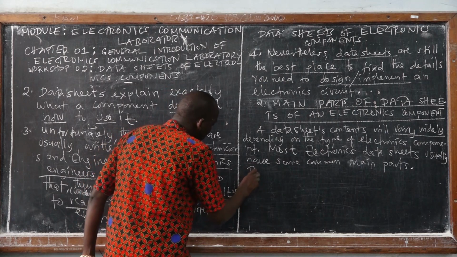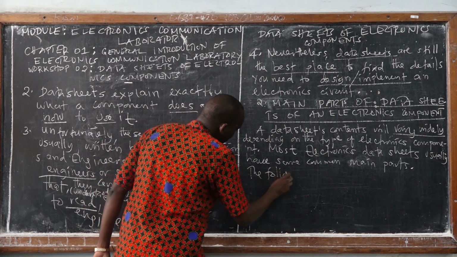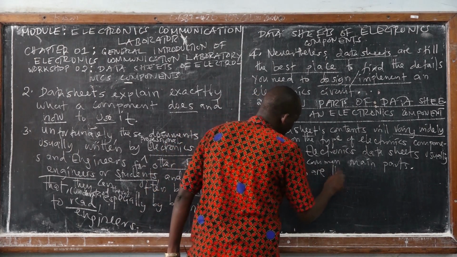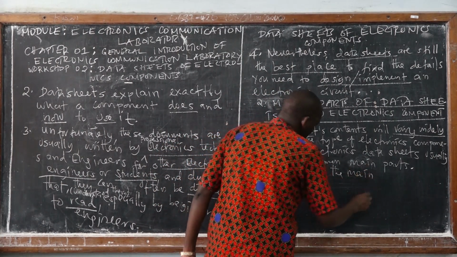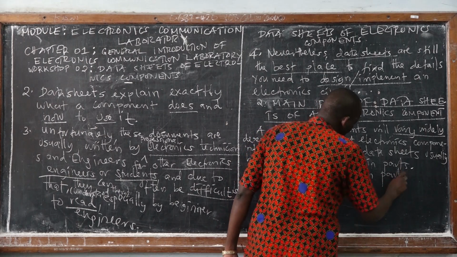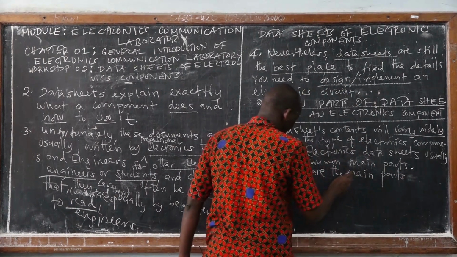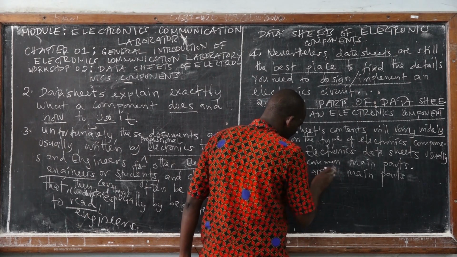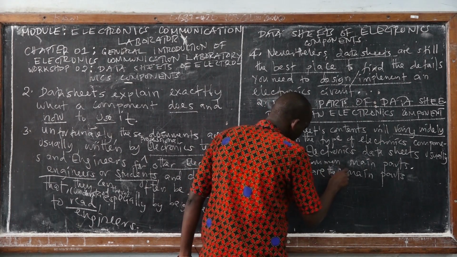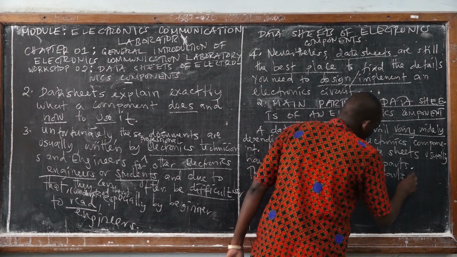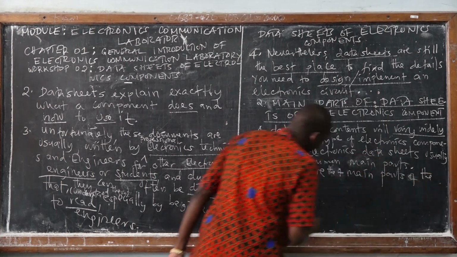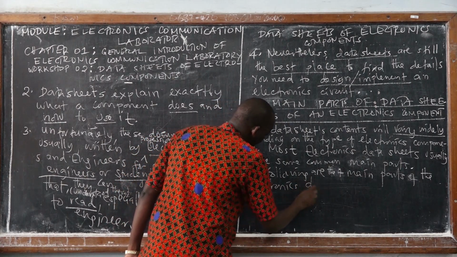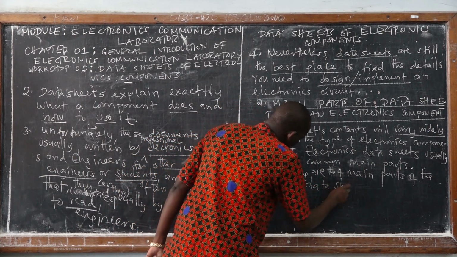So the following are the seven main parts of the electronics data sheet.